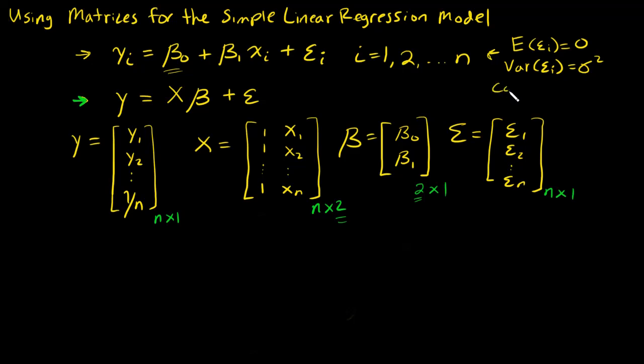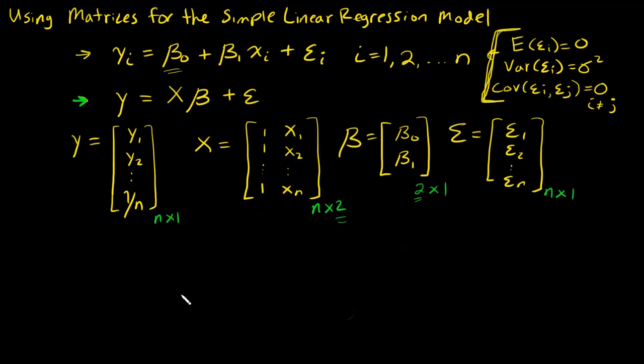And then we have independence, so the covariance between one error term and another equals 0, as long as i doesn't equal j, so two different error terms. This is the way we wrote our model assumptions previously.